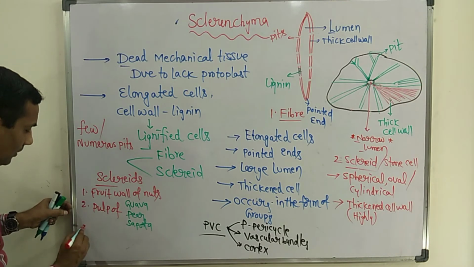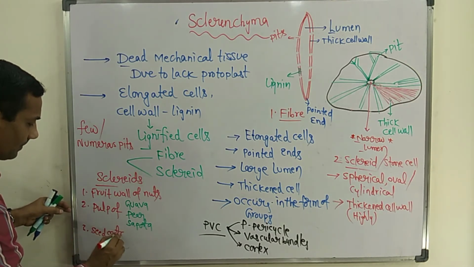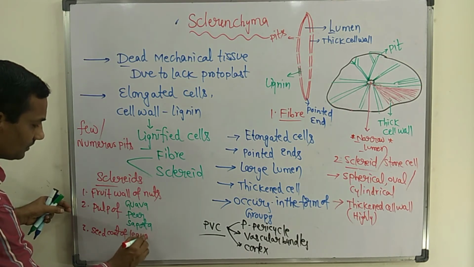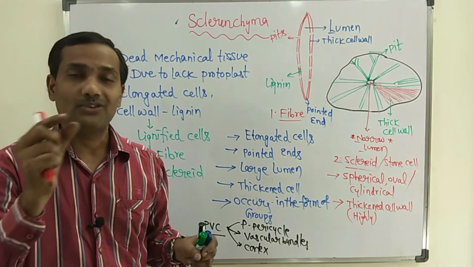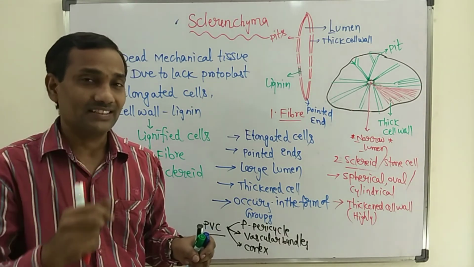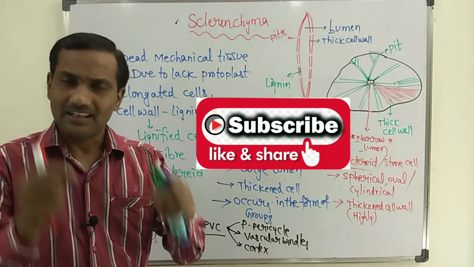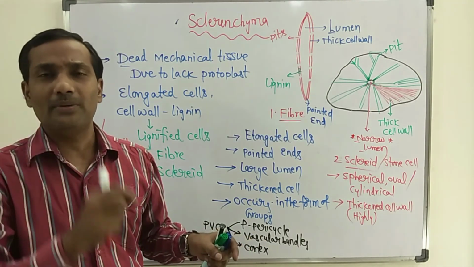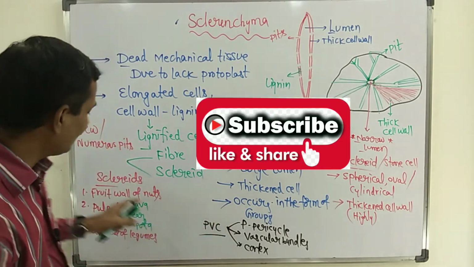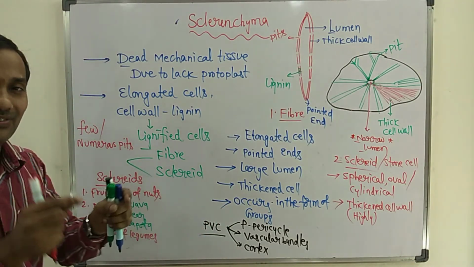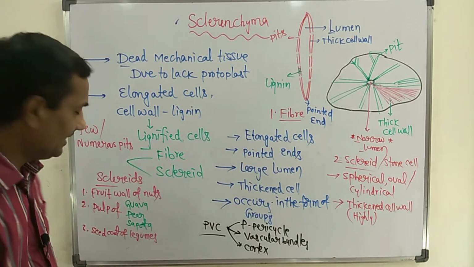Another important point is the seed coat of legumes, the Leguminosae family. Outside the seed you can find the seed coat, testa and tegmen. Especially in the Leguminosae family, the seed coat consists of many sclerids. That's why the seed coat is very hard due to the presence of sclerids.